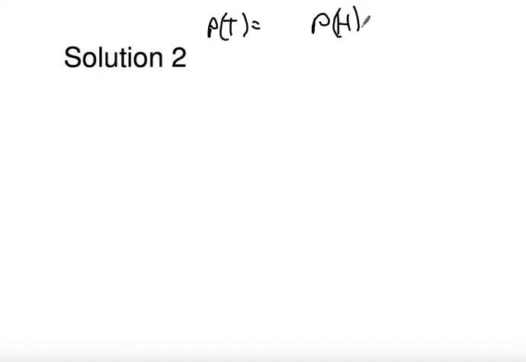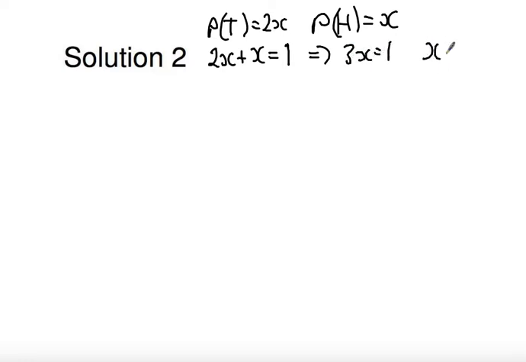So if the probability of getting a head is x, then the probability of getting tails is 2x. These probabilities added together give a total of 1, so 3x is equal to 1 and x is equal to a third.